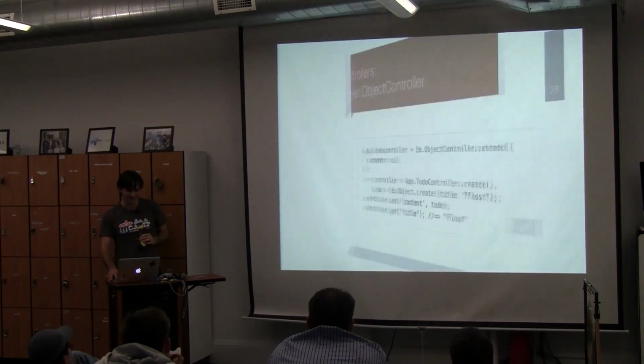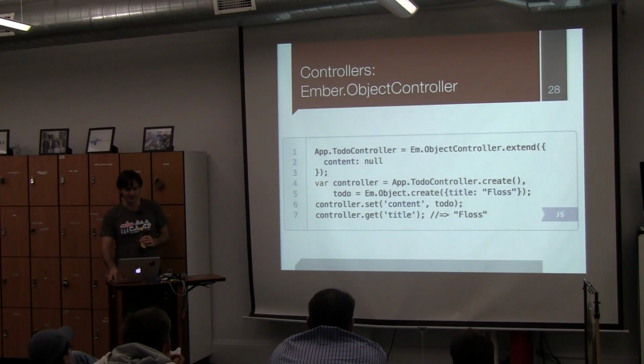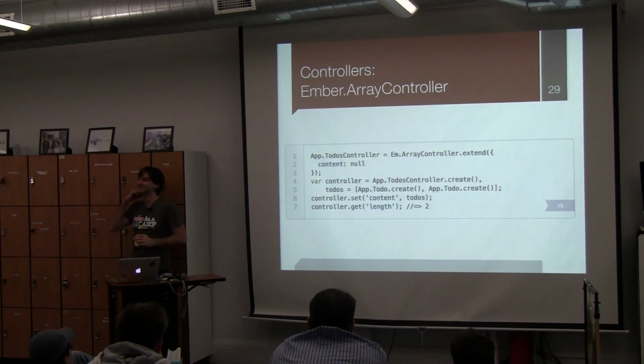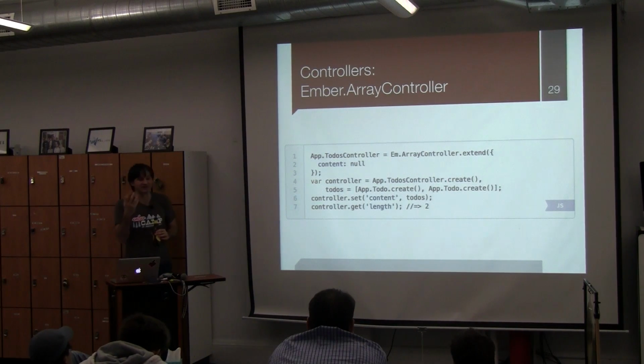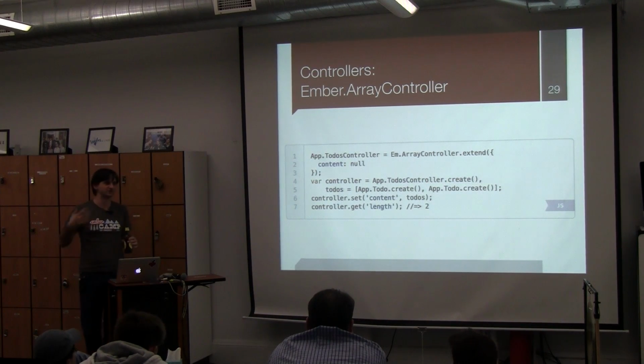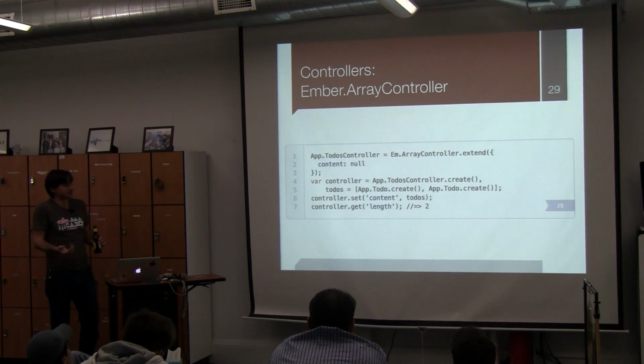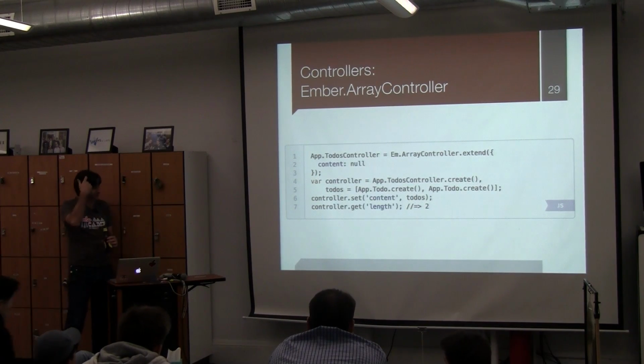So what's next? We talked about object controller proxying a model. But in the case of the to-dos controller, it was kind of a little fake that I just had an array there, right? Because really you're going to want your to-dos to be persisted in some way, and so they're really going to be model objects, and your to-dos controller should have a collection of these model objects.